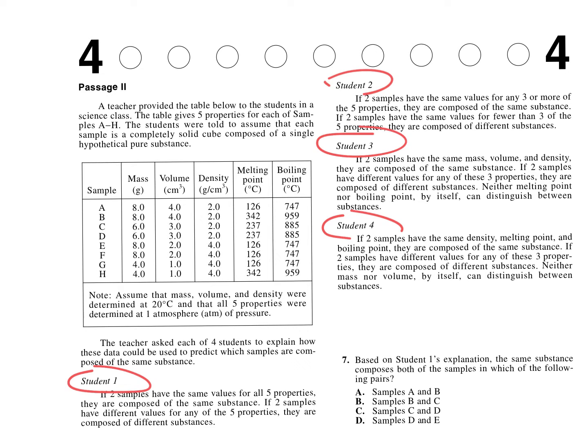For example, question number 7 only deals with student 1. Why is that important? I don't have to read everybody else's stuff. I can just focus on student one's opinion to be able to answer that question.